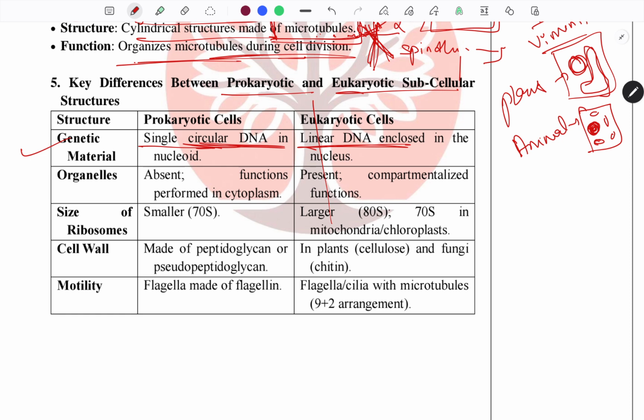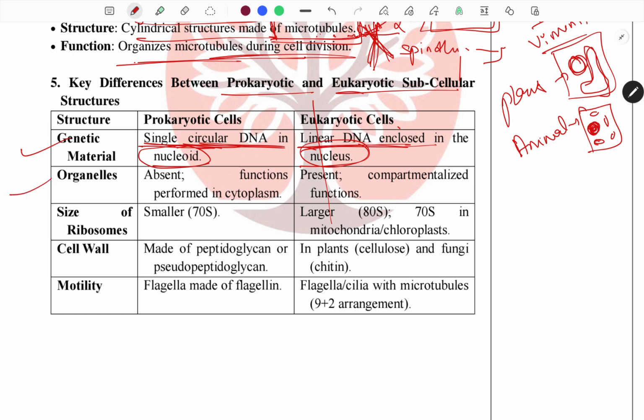The region where this genetic material is present, we call the nucleoid. It is not a membrane-bound organelle, it is simply present in that particular region. But in a eukaryotic cell, this linear DNA is enclosed in a nucleus.